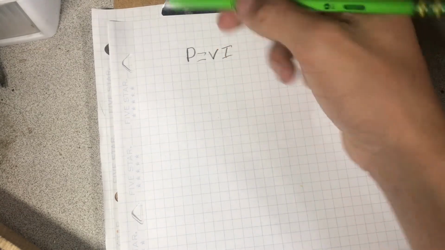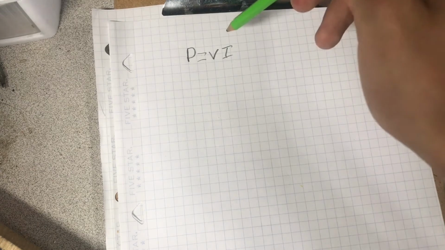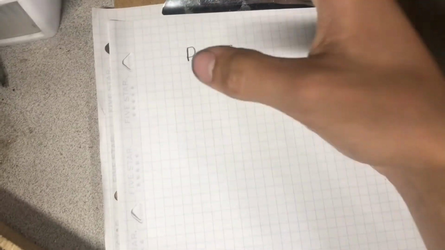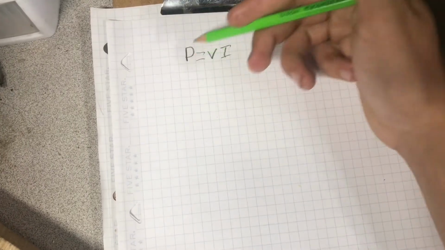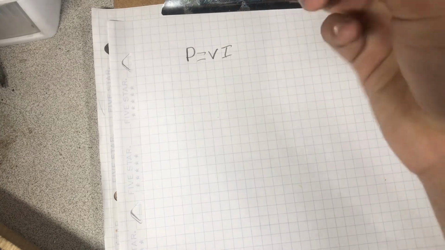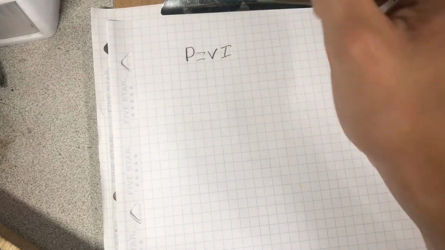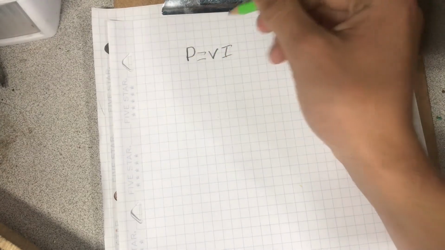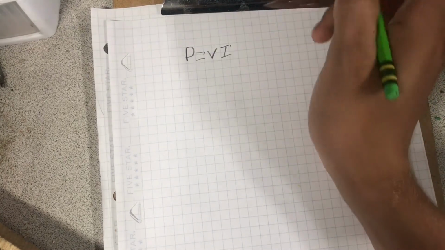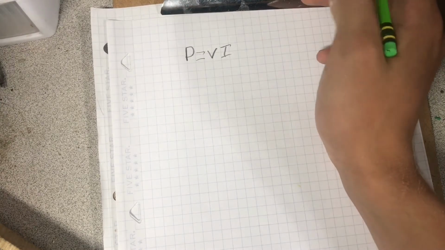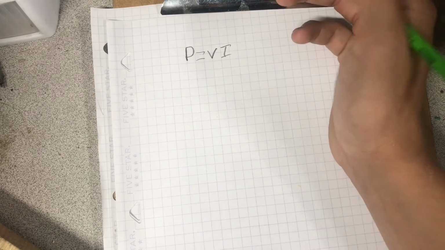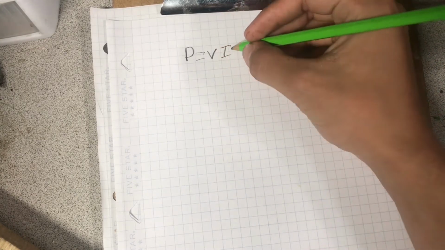This is an equation you can use to figure out power. P is power, and that is watts. Watts is the product of voltage times current, so both of those are combined, and watts is power. Now, it's not always watts. You can have VA, which is volt-amps, and that's what transformers are often measured in. There are a lot of different ways you could go about that.